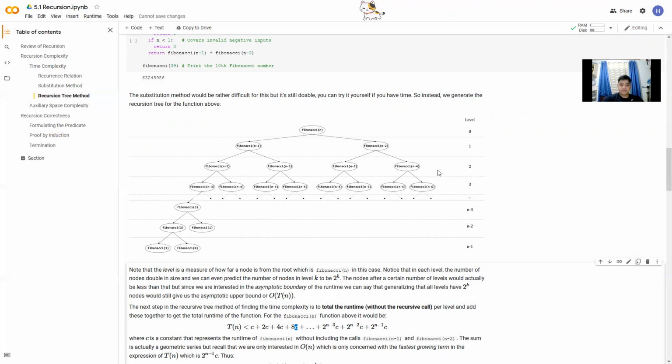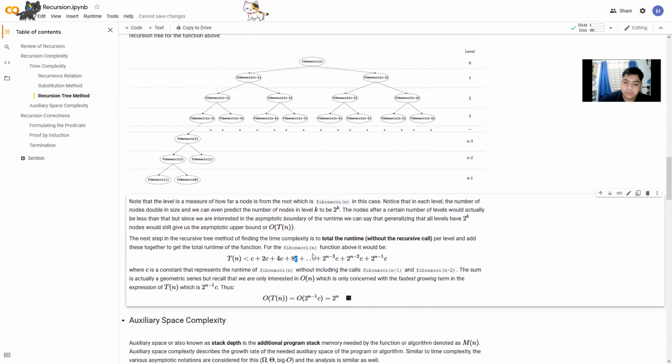So that just means we have the sum of the powers of 2 over here. And then our last level, which is not exactly 2 to the n minus 1 since only 2 calls would exist there, but we can almost estimate it to be equal to that.